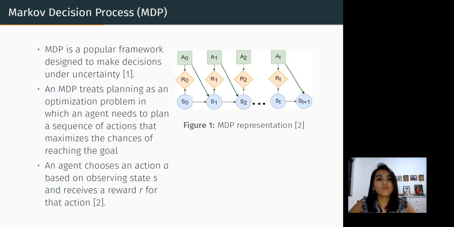We decided to use the Markov Decision Process because it allows us to make decisions under uncertainty. Basically, an MDP treats planning as an optimization problem in which the agent chooses an action based on the observed state and receives a reward for this action, maximizing the probability of achieving the goal.